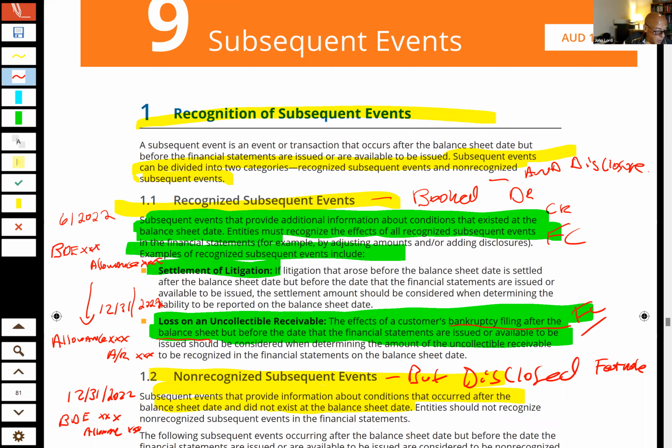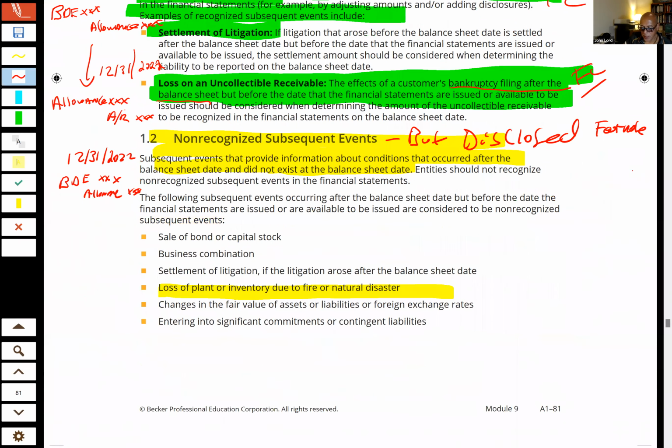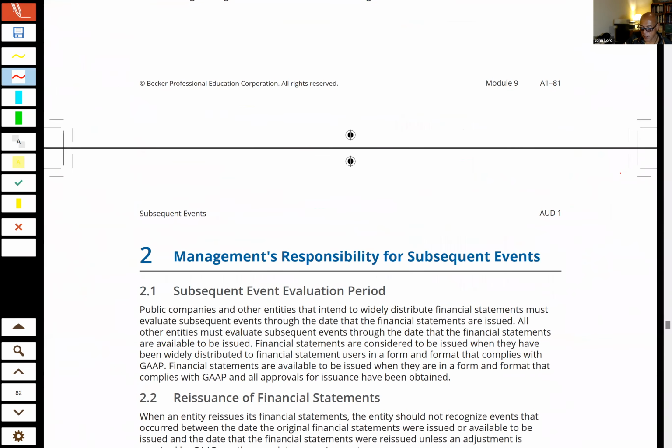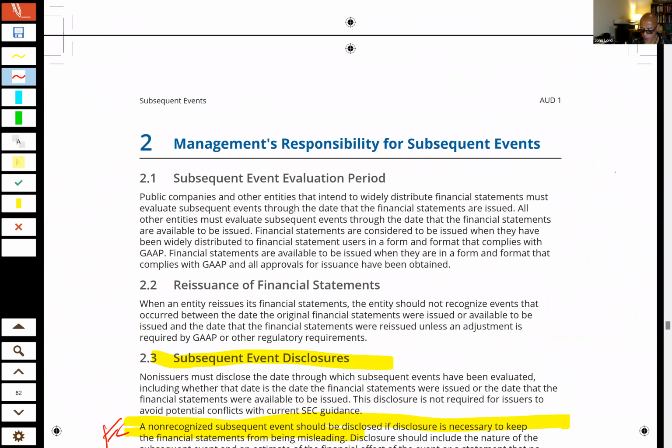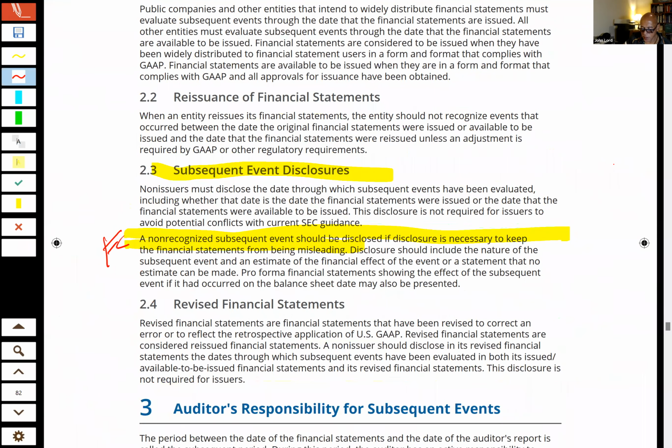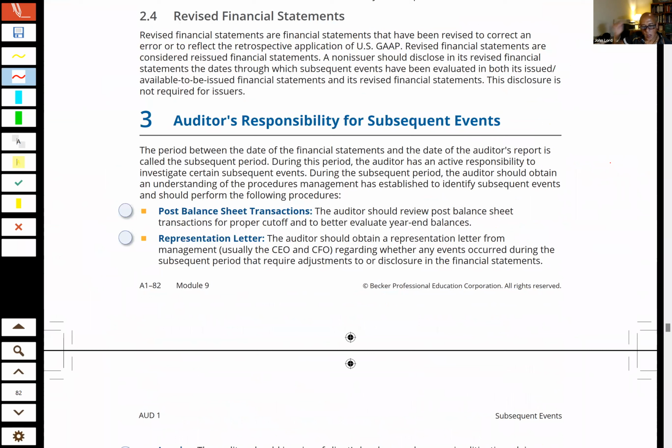Okay, good. Now, we have this problem because the date of our audit report is, say, February 28th. The date of the financial statements is what?